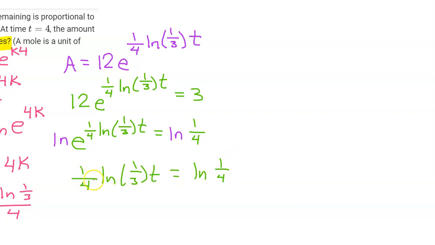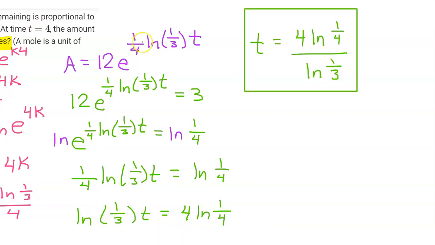Let's multiply both sides by 4. We can get t by itself by dividing both sides by the natural log of 1/3. This is one form of the answer. Let's look back and see if it matches any of the answer choices.